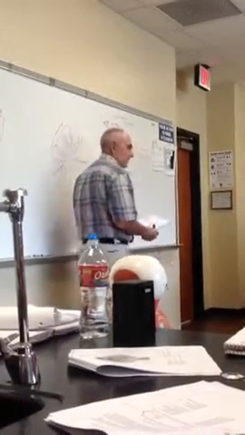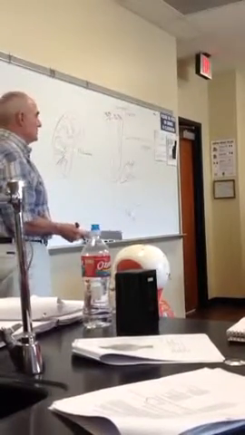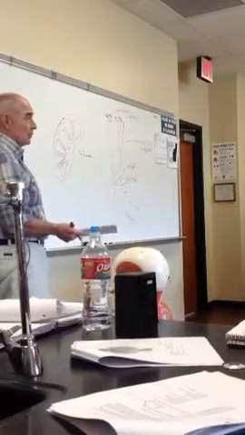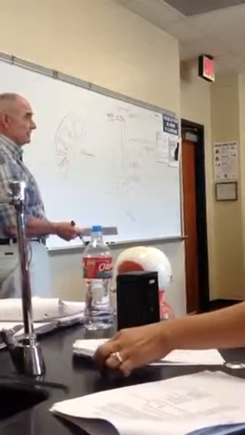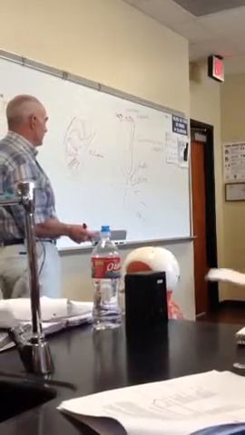Now most of the filtration and reabsorption and secretion, most of that stuff that's done, is done by the cortical nephrons. There's not very many juxtamedullaries in relation to the number of cortical nephrons.